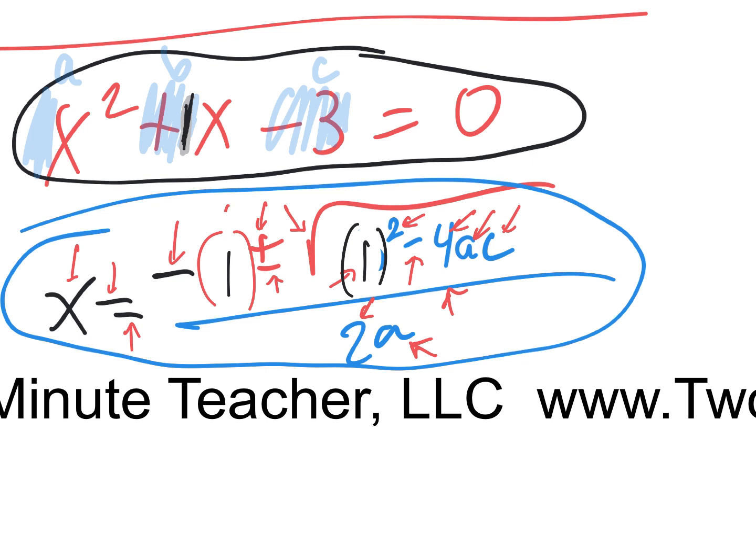All over 2a. Okay, so I can go down here where the a is and replace the a with also a 1. Where'd you get that 1? From right here. That's a. And so there's a 1 here, and there's also a 1 right there.